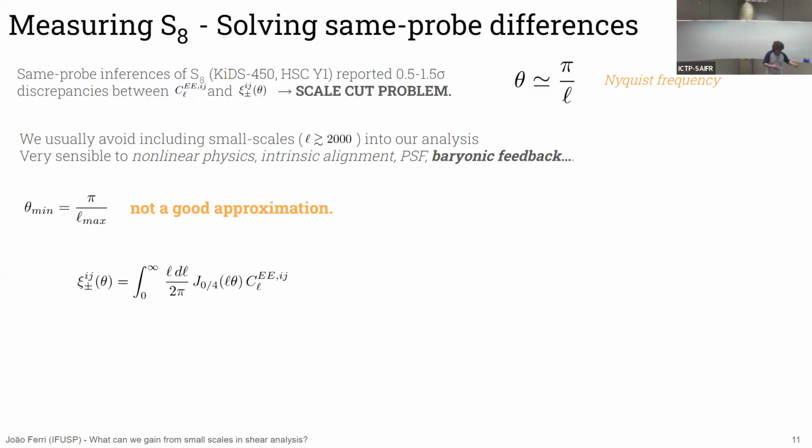The reason is this relation right here. You see that psi of a certain theta is just a convolution of the CLs, but this is a convolution up to L infinity. One could argue that if this L theta term goes higher than pi, then this Bessel function goes to 0, but that's not really the case.